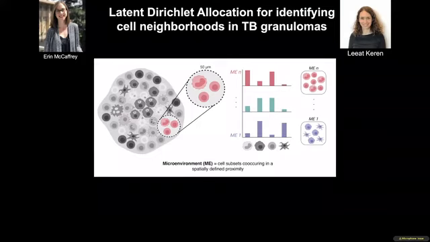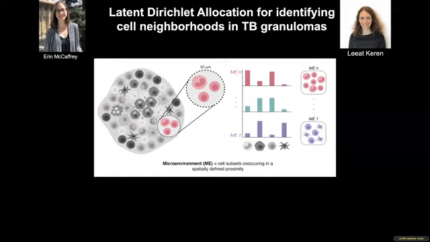This is what we call spatial LDA. Essentially, you define a microenvironment kernel size that scans over the tissue. In these studies, we used a 50 micron window, and it looks over the tissue image and identifies profiles of cell combinations that seem to occur repeatedly in the image.